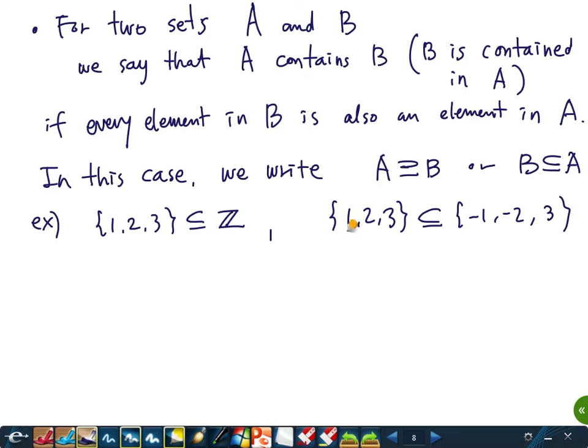No, we can find one element that is in here that is not an element here. Everything must satisfy this. Even if there is only one element that doesn't satisfy this, we say that this is not true. 3 is an element also here, but 1 not here, 2 not there. So this is not. If it's not, we just write this.